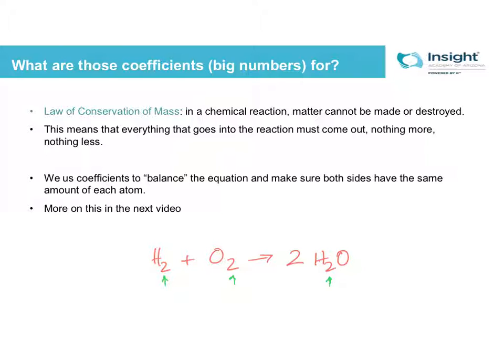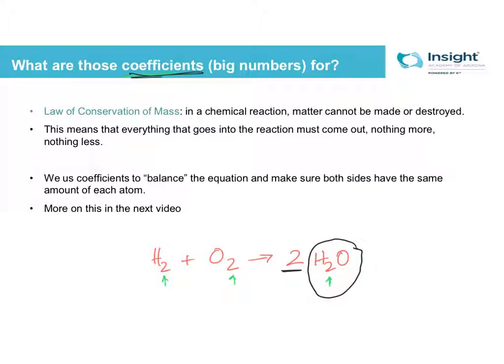Those tell us how many of the atom written in front of it there are, like 2 hydrogens, 2 oxygens. This big number is what we call the coefficient, and that tells you that there's 2 of this whole molecule.